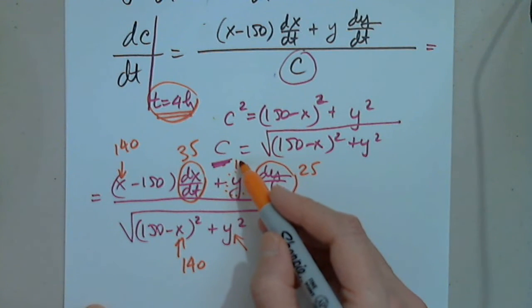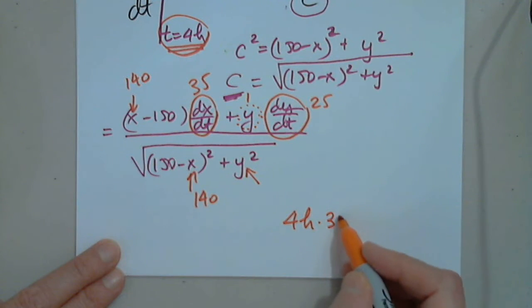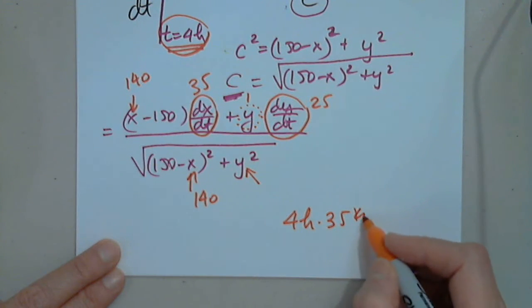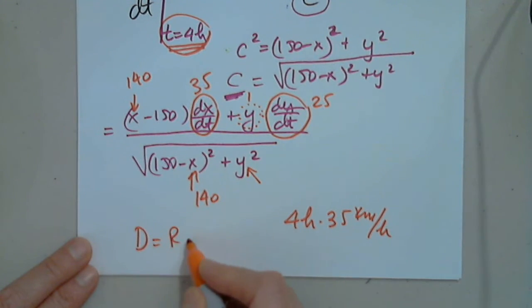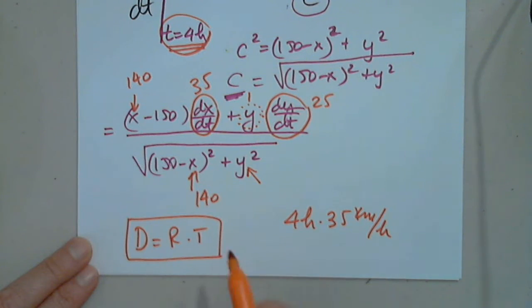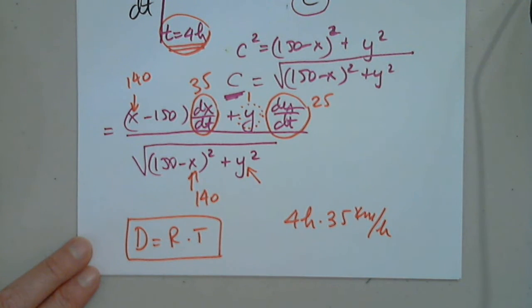So how did we get 140? We have to multiply 4 hours times 35 kilometers an hour. So we find the distance equals rate times time. So how much is Y in 4 hours? 100.